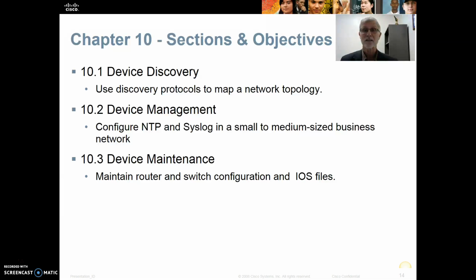It's how do I manage the time, because I'm sending synchronous messages between all my devices, so I need to make sure that we're all on the same page at the same time. And if I want to record messages going on with my network. And then how do I maintain switch and router configuration and operating system files. So those are some of the major things that we're going to talk about.